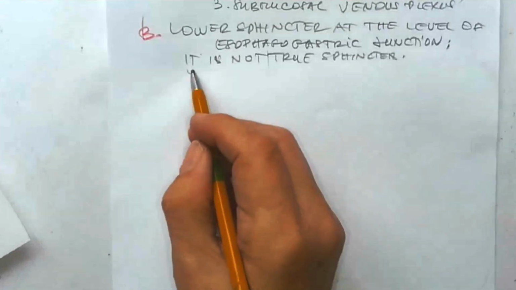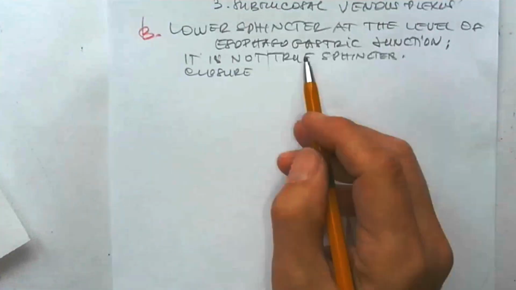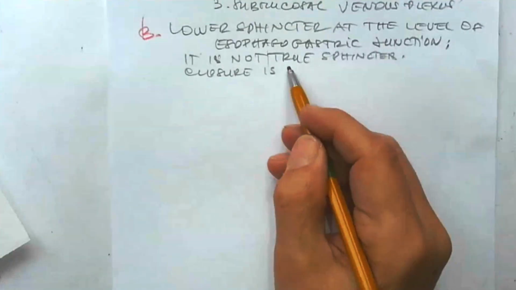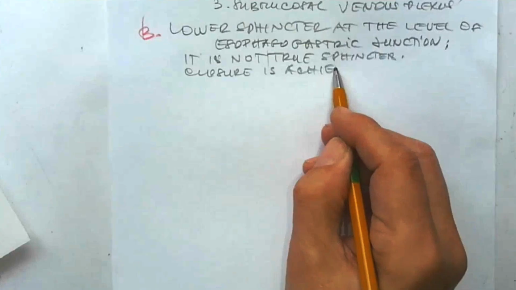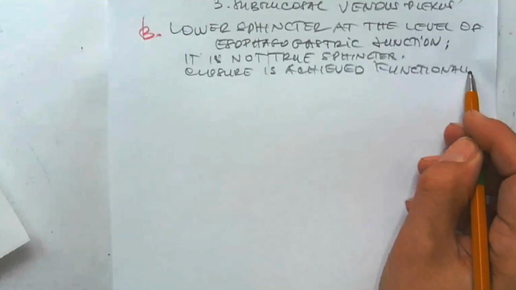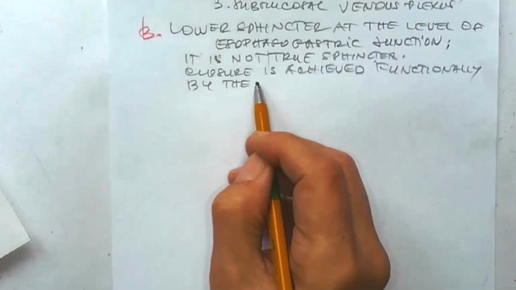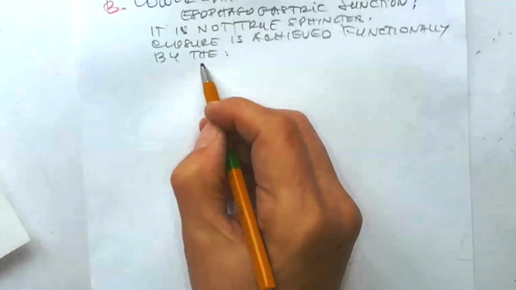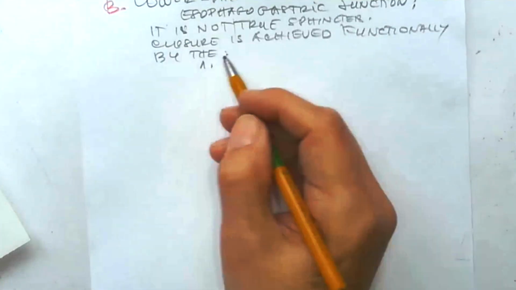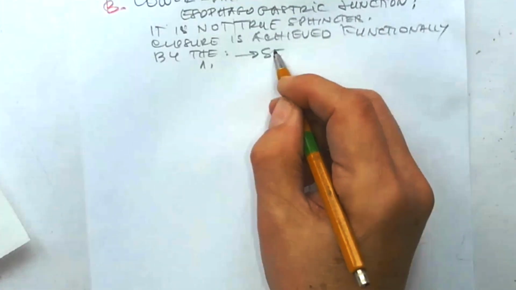But closure of this junction is achieved functionally by the following mechanisms, again, number one... maybe that we can, okay, see figure.